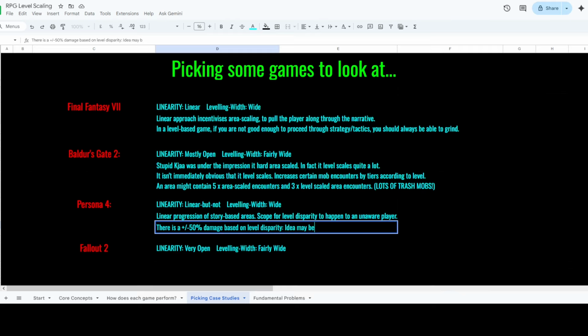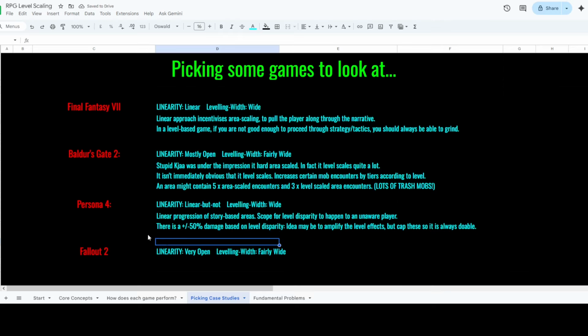So the idea may be to amplify the level effects, but cap these so it is always doable.